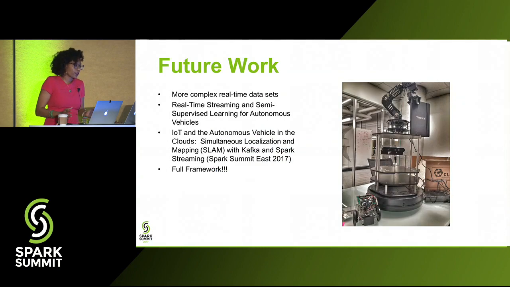So some of the future work, and this is a picture of my robot who I usually work with and who usually travels with me but is not here today, is looking at some more complex real-time data sets, looking at real-time streaming and semi-supervised learning for autonomous vehicles. One of the really cool ways to use this is on visual data, like in the first or second slide, where we have a picture of a road and are trying to distinguish what is a road and what is not a road.